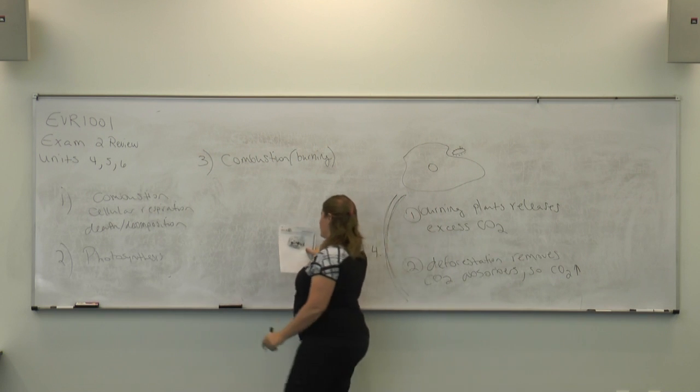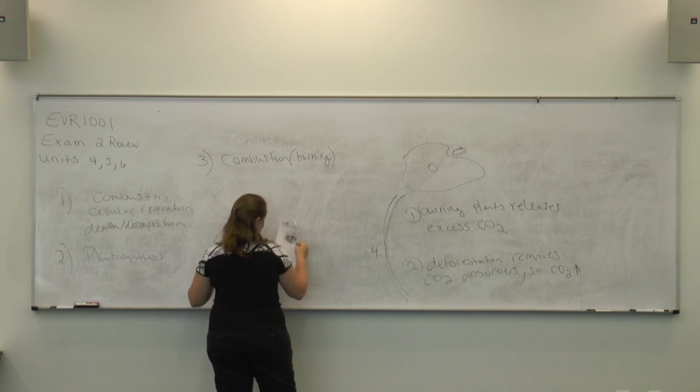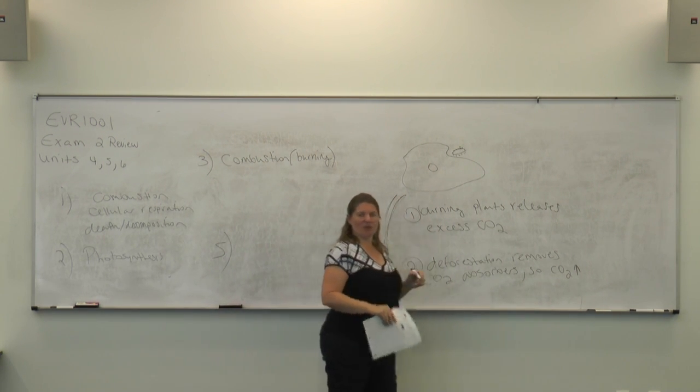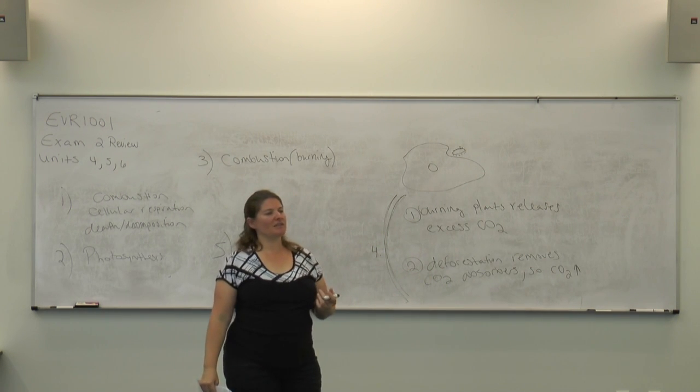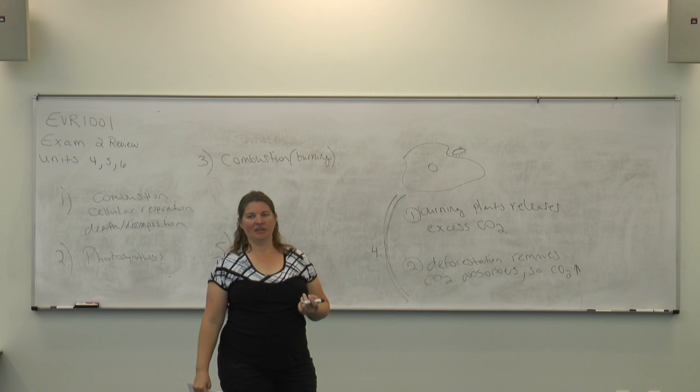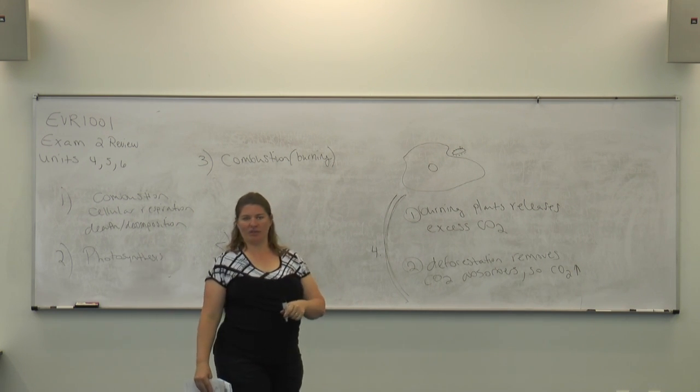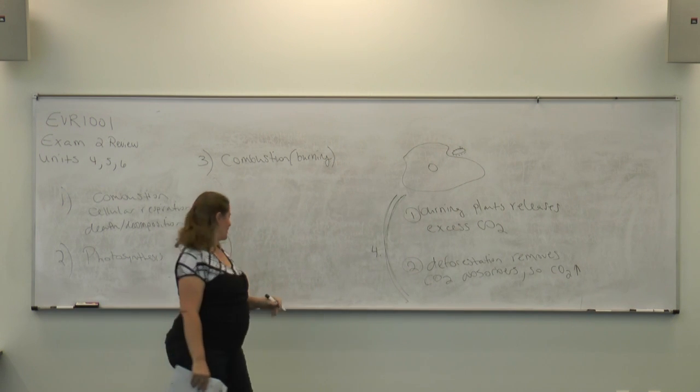And then number 5, what do plants do with the carbon dioxide they remove from the atmosphere? That's something we talk a lot about in a biology class. I have mentioned it. The plants absorb the carbon dioxide and then they make what molecule out of it? Sugar. Yeah, glucose.